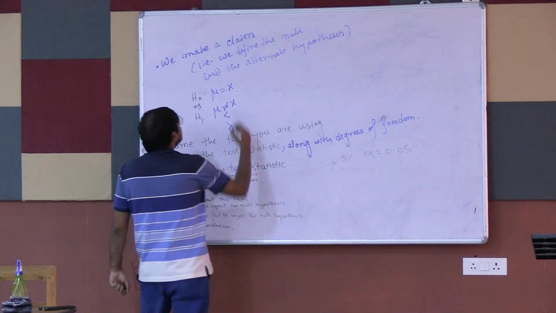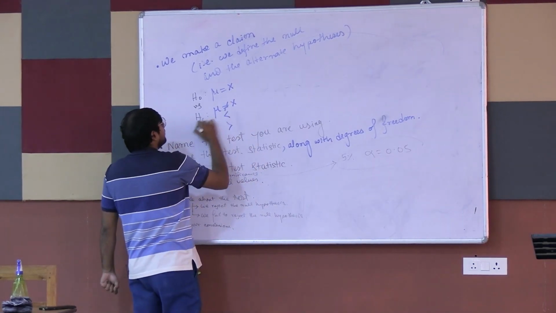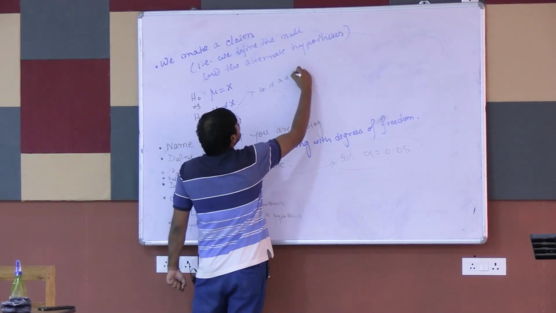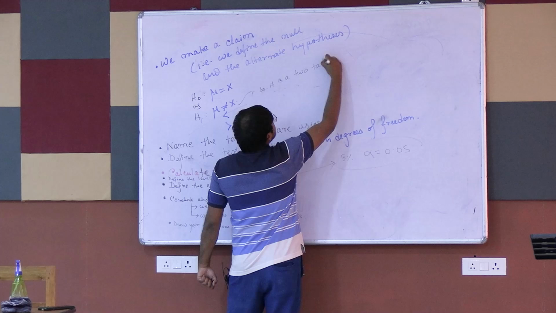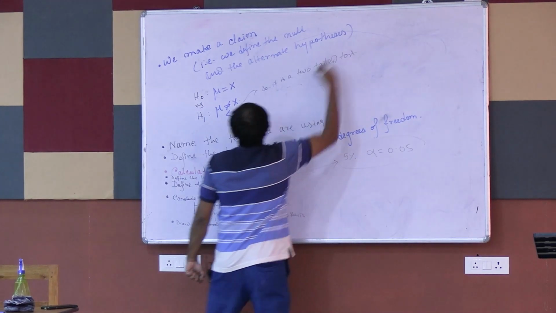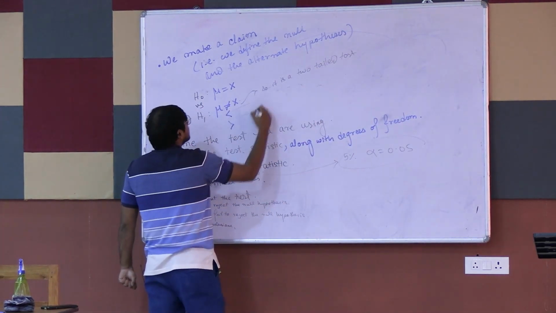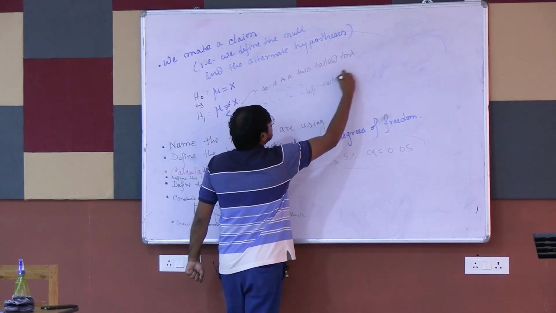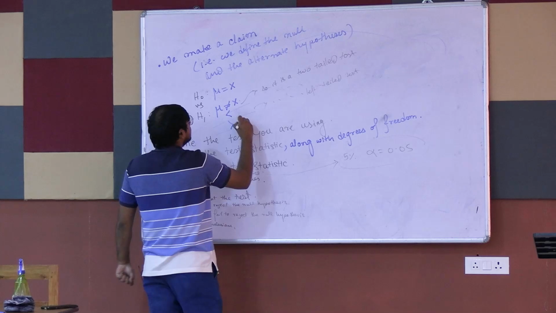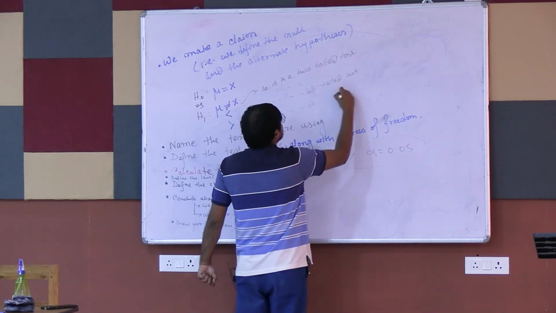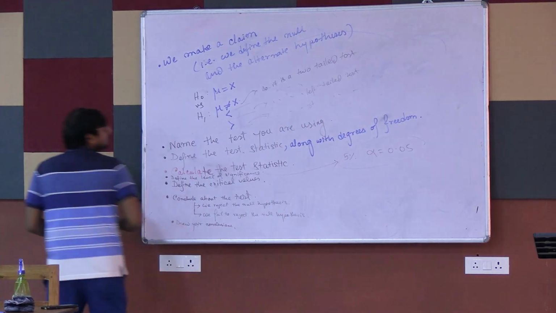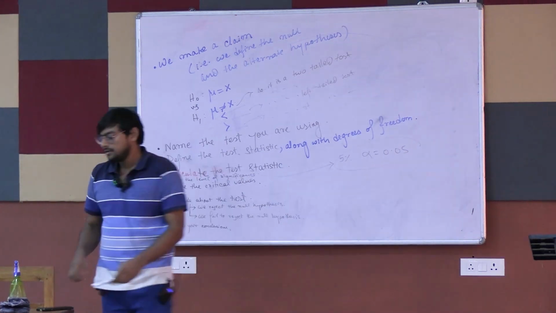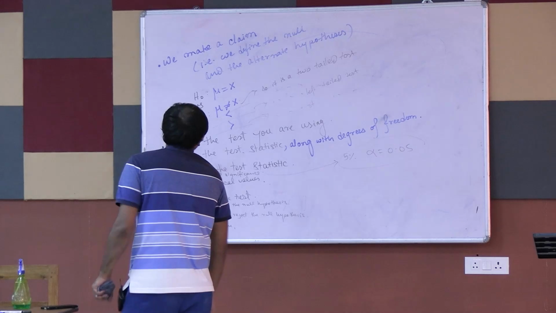Bonus point, you can just write, if the alternate hypothesis is like this, then it is a two-tailed test. If the null hypothesis, alternate hypothesis is like this, it is a left tail test. And if it is like this, right tail test. That will make your answer even more proof, error free.